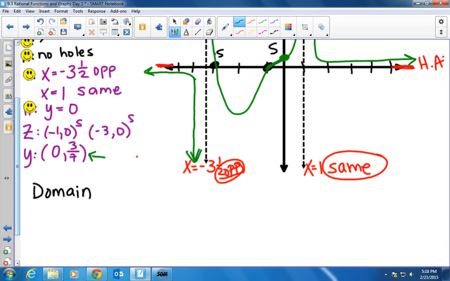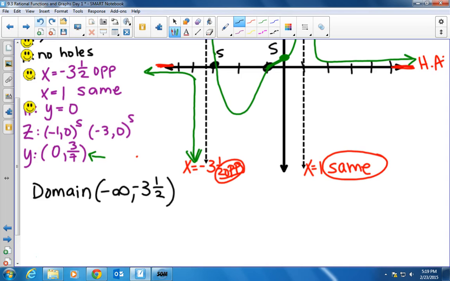If you look at this graph, it goes on forever and ever in the negative direction. So we can start out our domain with negative infinity. But you got a brick wall. You have a brick wall at the negative 3.5. So we've got to exclude negative 3.5.